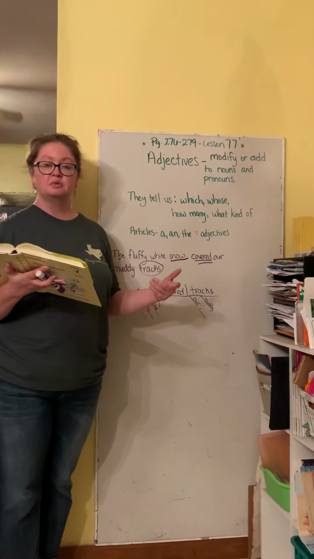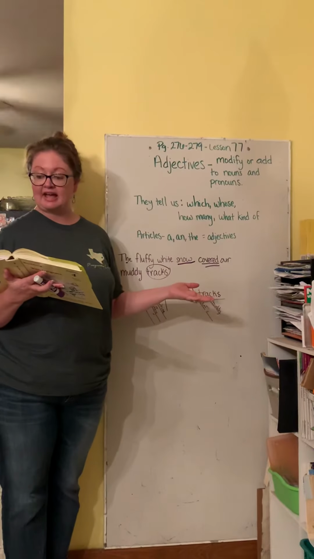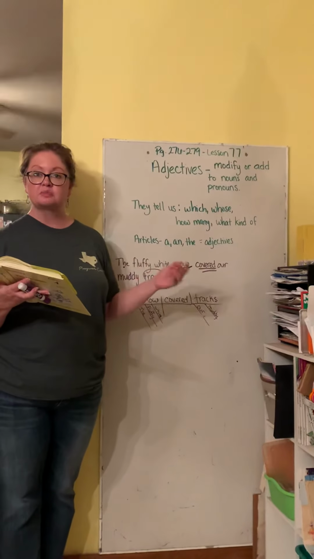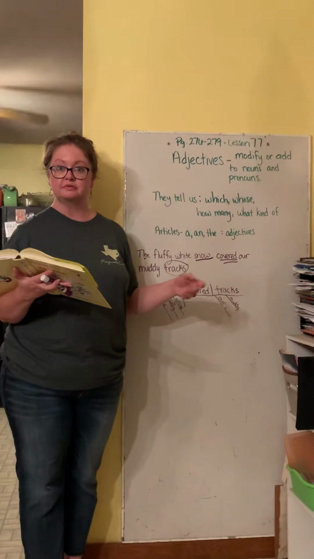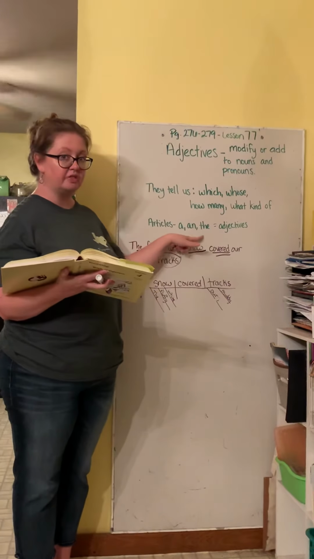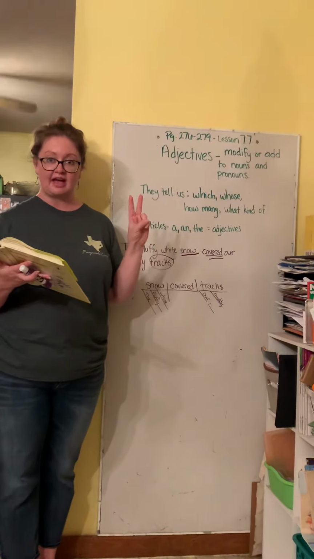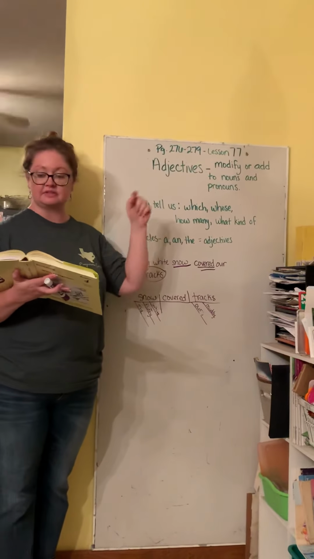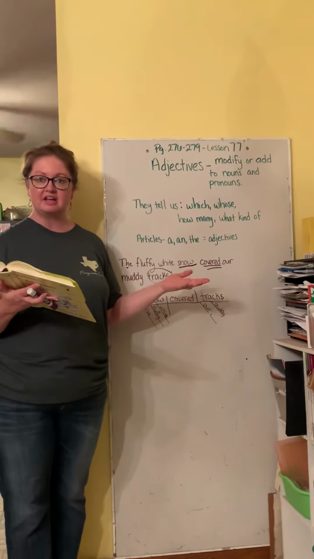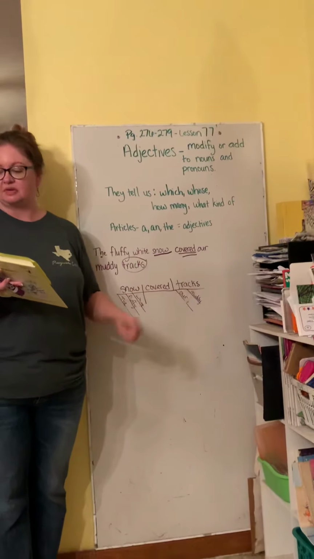Okay, so let's say the fat cat caught what kind of mouse? The small mouse. So remember, my article, the, fat, those are both adjectives. Tells us more about the cat. Caught, what kind of mouse? The small mouse.